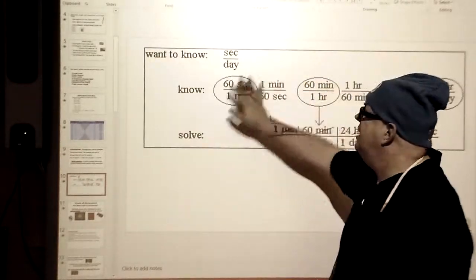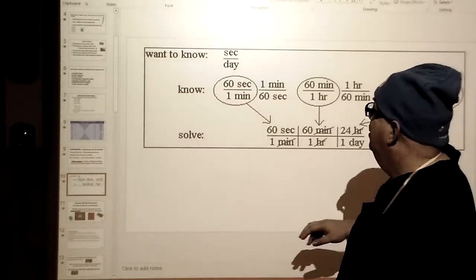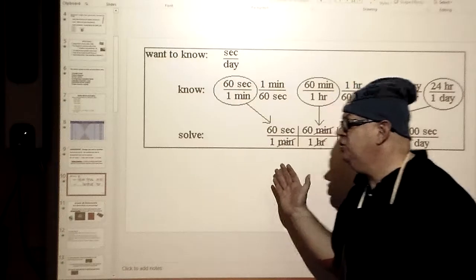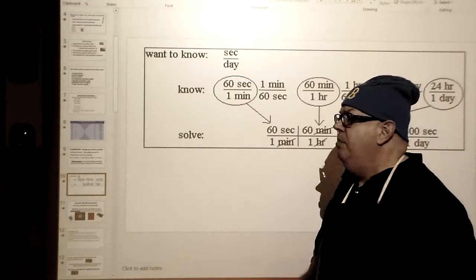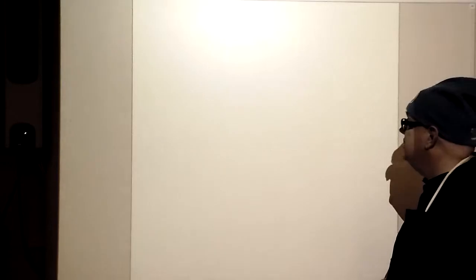All that it is is just a way that we make notation. So here's a quick example if we want to know how many seconds there are in one day. Okay? This is a picture that is in your notes, but I want to start out with something a little bit simpler for us. Okay? So for example, I would like to know how many seconds are there in 1 hour.